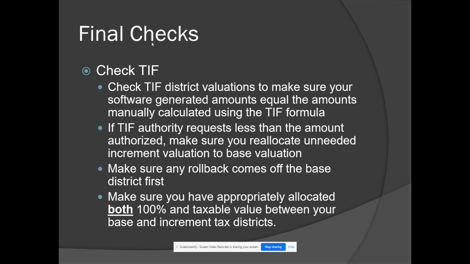Some final checks that you want to make: check the TIF district valuations to make sure that your software generated amount equals the amounts manually calculated using the TIF formula, and we ran through those examples in part 4.